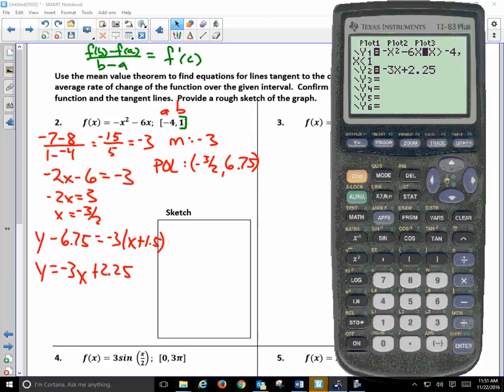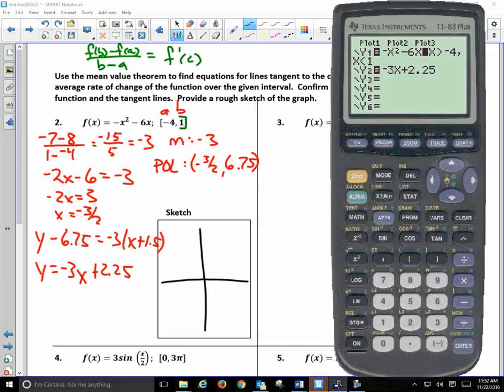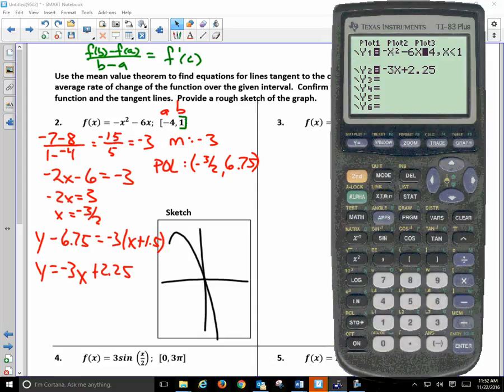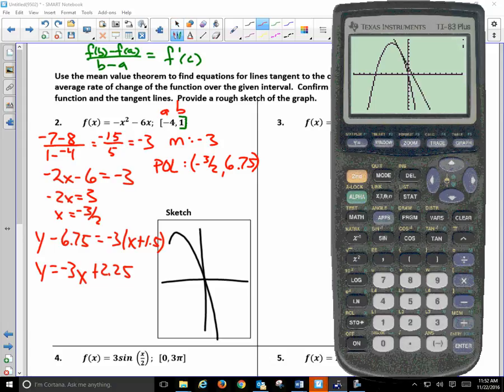Anyway, the point is that I want you to be able to sketch the graph. It looks like my f of b value is negative 7. My f of a value is an 8. It looks something like that, as you graphed it. The whole point is I just want you to be able to confirm your answer. And so you can see that I do have a tangent line.